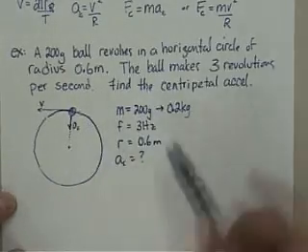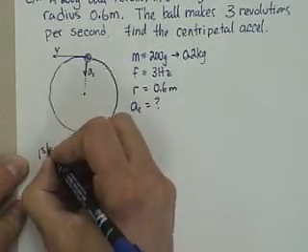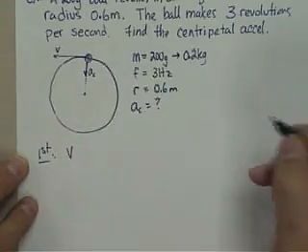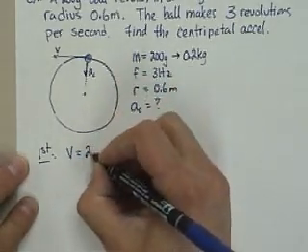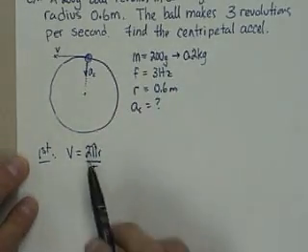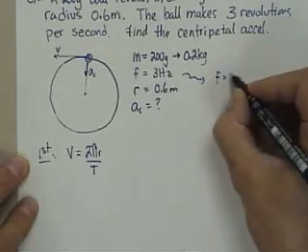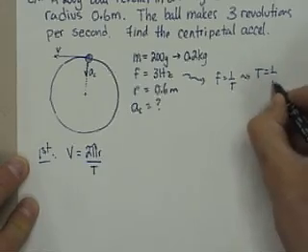Okay, what I'm going to do first, my first step, is going to be to find my linear velocity. Or I'm just going to call it velocity. Sometimes you go V linear. That is 2 pi r over the period. Well, I don't have the period. I have to use my frequency to figure out my period. Frequency is 1 over period, so period is 1 over frequency.